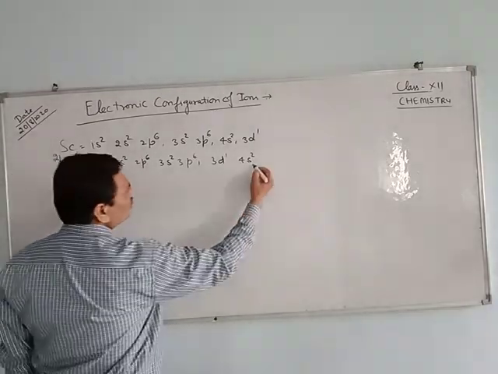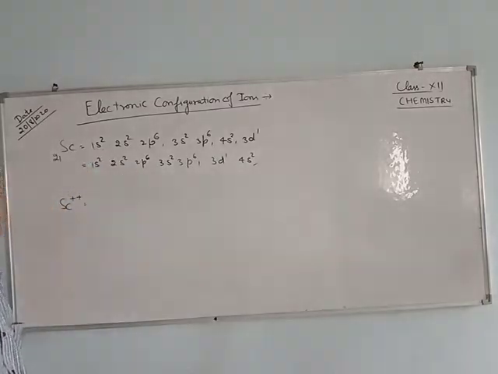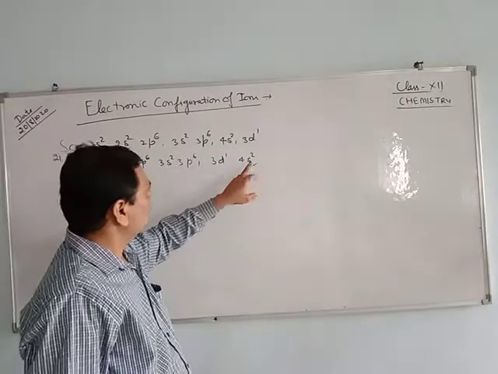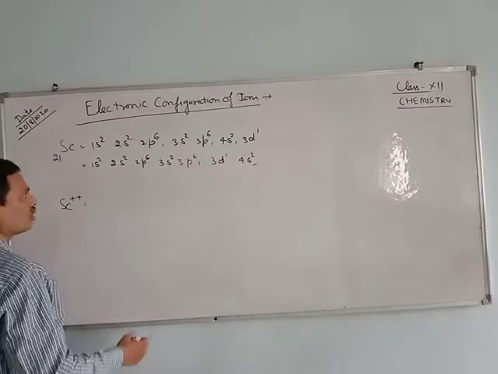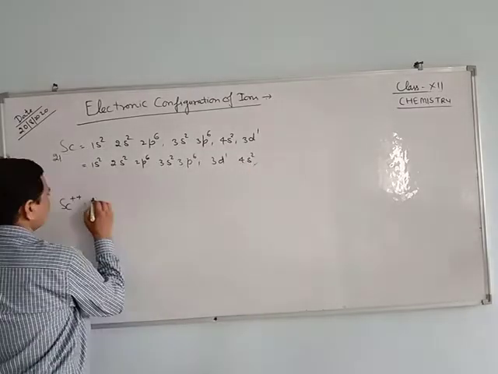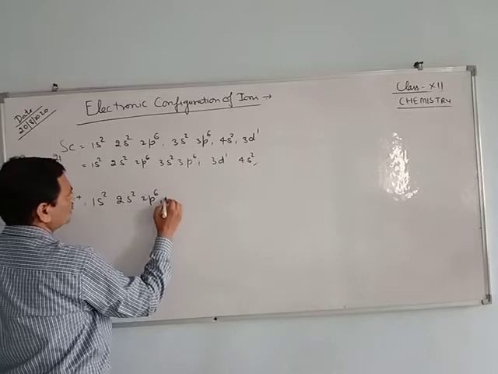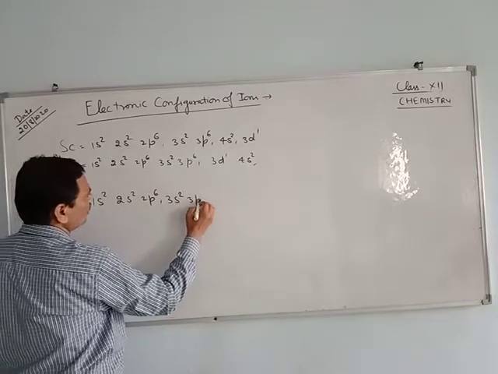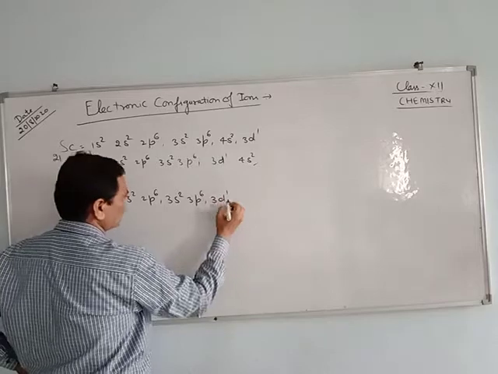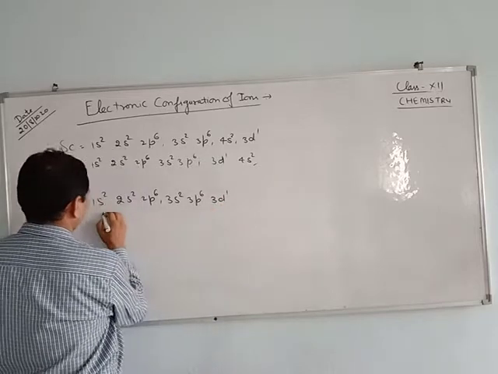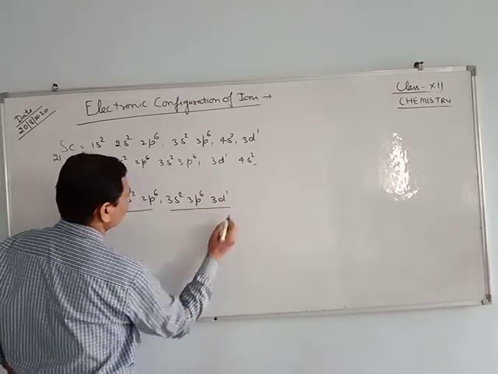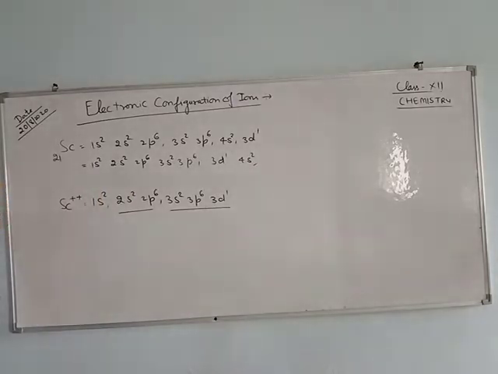Since 4s is the outermost subshell, the electrons have to be removed from it. The electronic configuration will be 1s2, 2s2, 2p6, 3s2, 3p6, 3d1. It is the electronic configuration of the scandium ion.